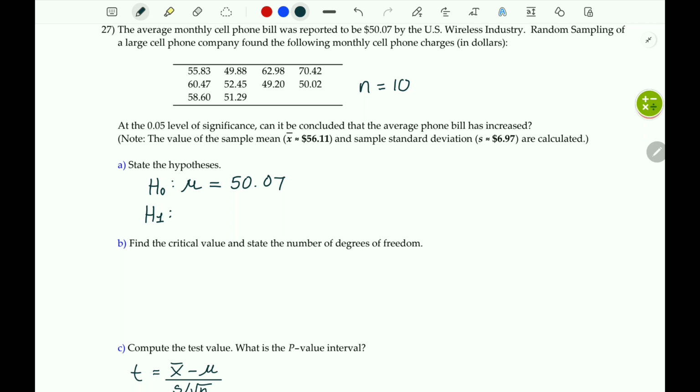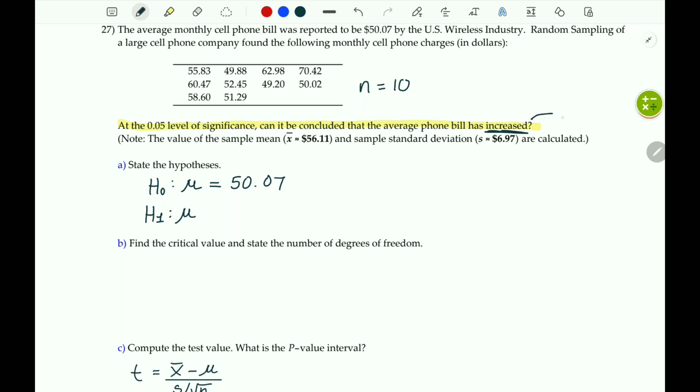The alternative hypothesis states that there is the existence of a difference between the parameter and the specified value. The parameter is mu because we're focusing on means. And let's see if we're focusing on a specific direction. It says at the 0.05 level of significance, can it be concluded that the average phone bill has increased?